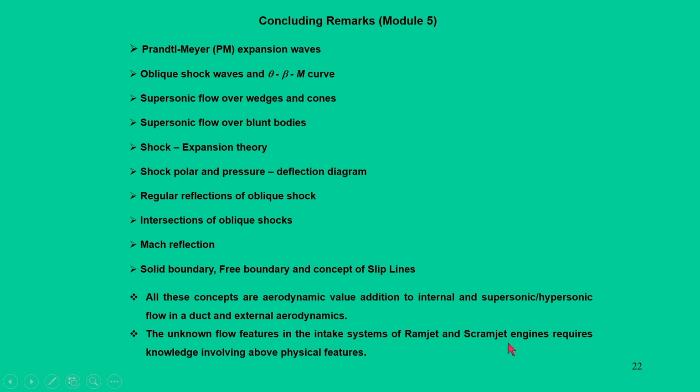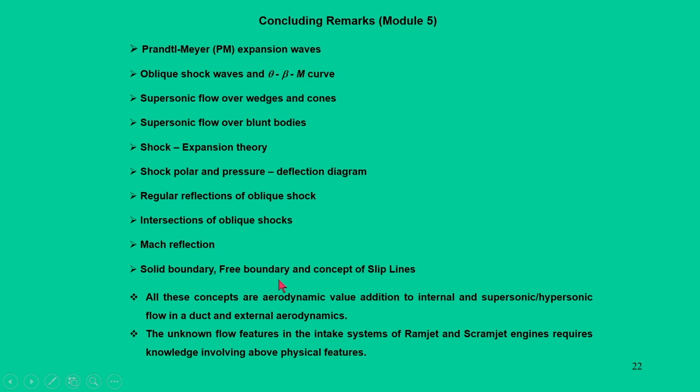When such engines get fired, as I mentioned in my beginning lectures, there is no physical existence of any mechanical devices. They are entirely governed by shock based compressions, and of course continuous compressions, just by designing the geometry, either a compression corner or an expansion, convex corner.